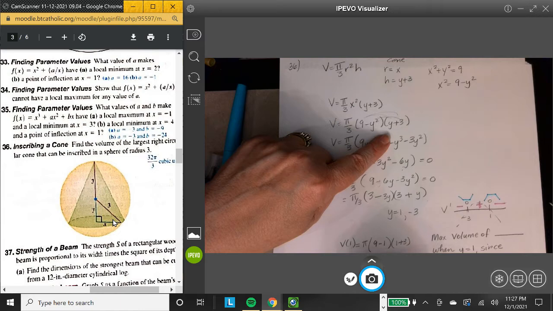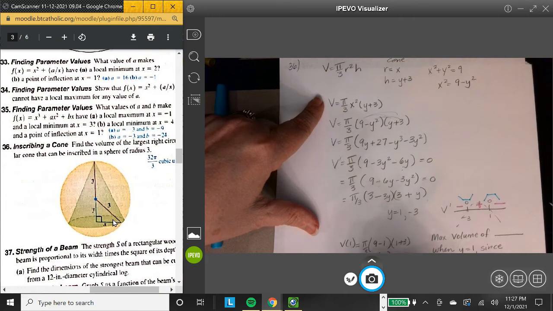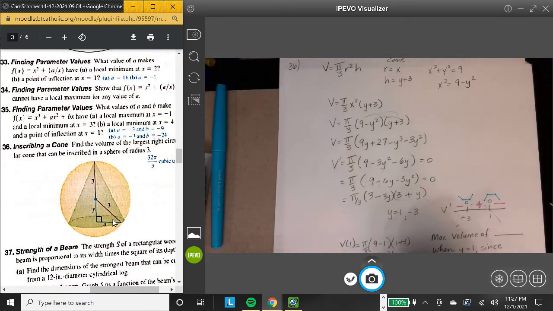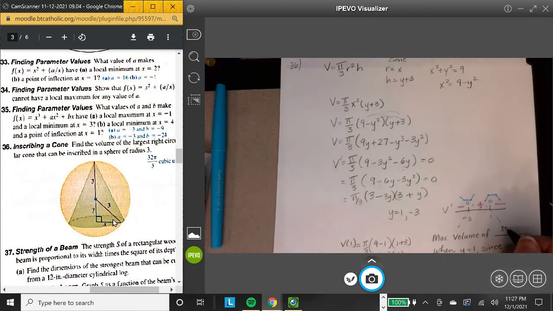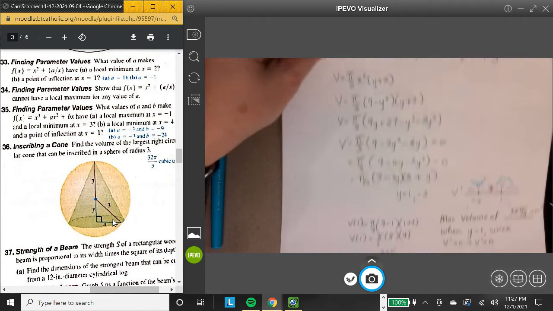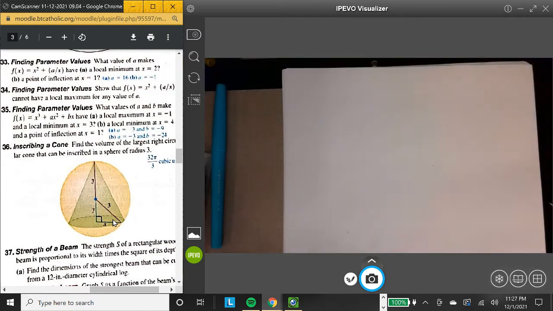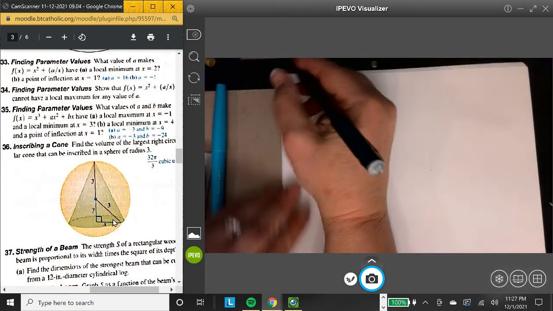Right, so v of 1 is going to equal, this is pi times 8. Oh, this is pi over 3. Sorry, pi over 3 times 8 times 4, which is 32 pi over 3, 32 pi over 3 units cubed. Okay? So that's how you do it. That's 36. 41.